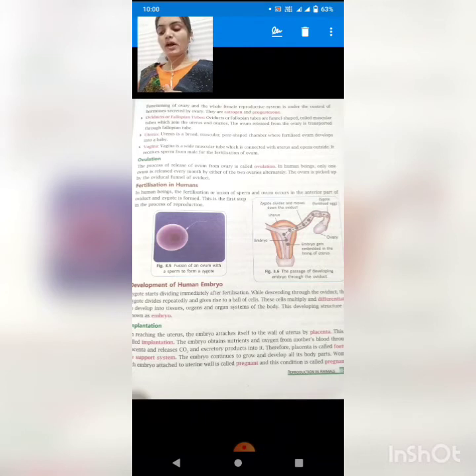The embryo continues to grow and develop all its body parts. A woman with an embryo attached to the uterine wall is called pregnant, and this condition is known as pregnancy.